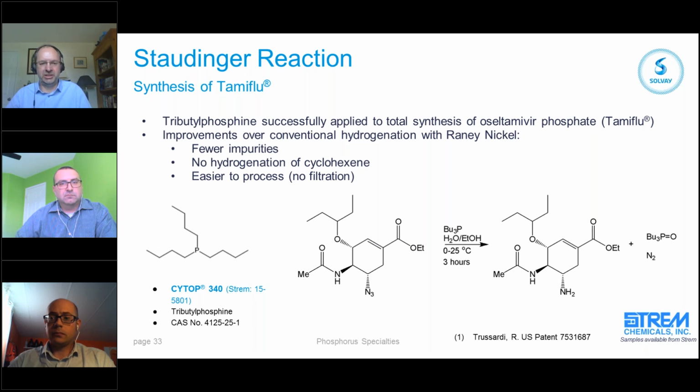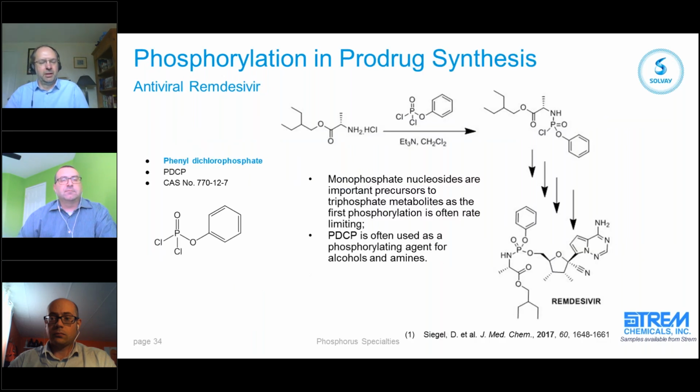There's no hydrogenation of the cyclohexene functionality, and the process to isolate the product is easier as no filtration is required. And there's no filtration required because the byproduct tributylphosphine oxide is water soluble, which means a simple phase separation process can be used rather than filtration. Next slide.